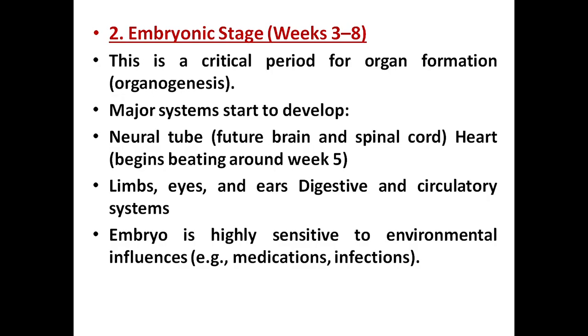The heart begins to beat around the 5th week. Next, limbs, eyes, ears, and the digestive and circulatory systems also develop in this period. And the embryo is highly sensitive to environmental influences, medication and infection.